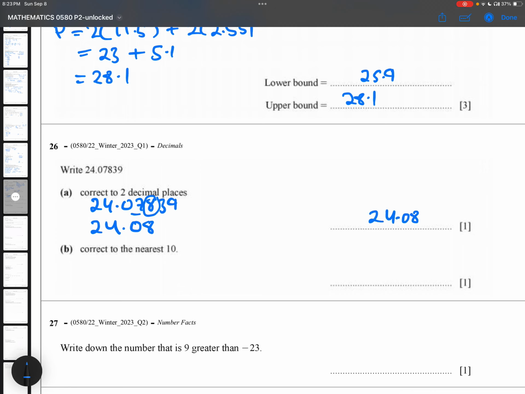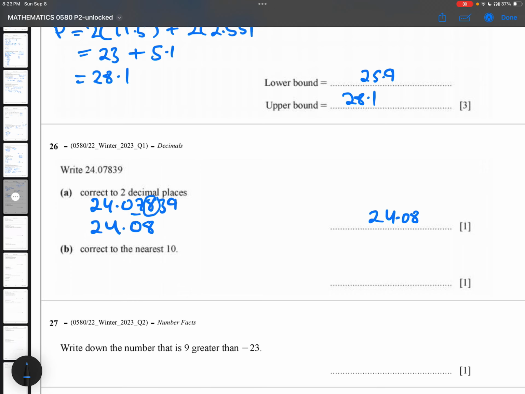Now in part B, it says we have to round it off correct to the nearest 10. I will have to see that if the number is greater than or equal to 25, then it will be rounded off to 30, and if the number is less than 25, then it will be rounded off to 20.